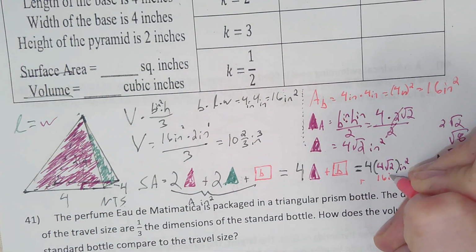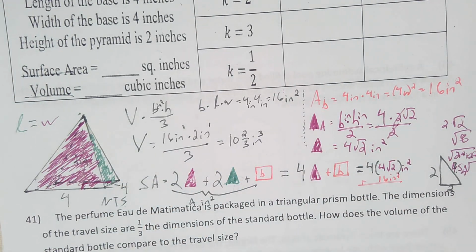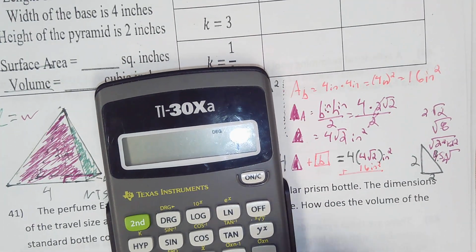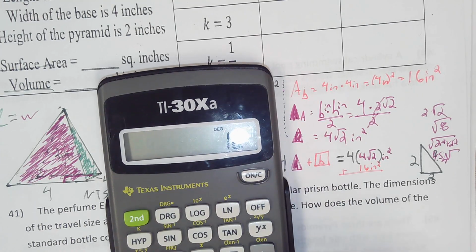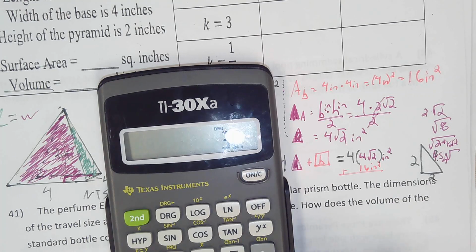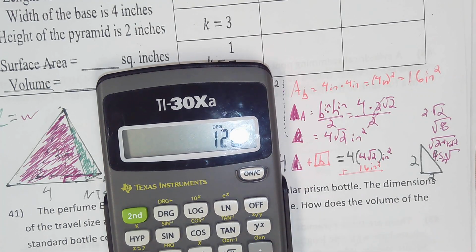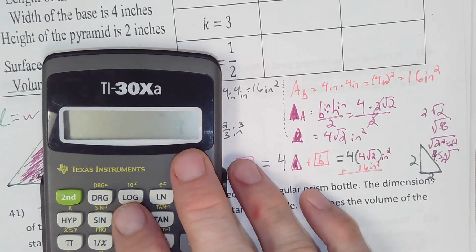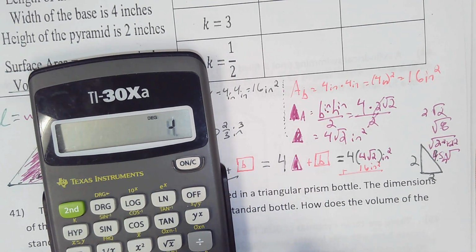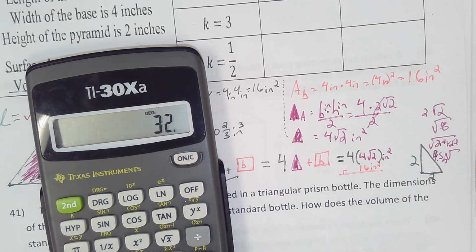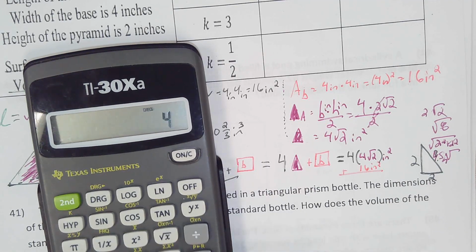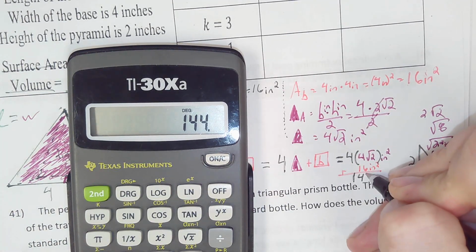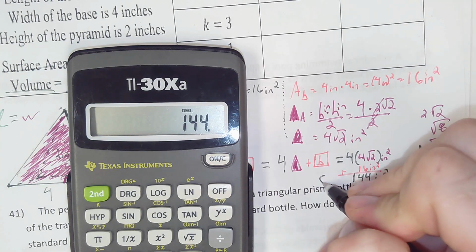Plus 16 inches squared for a grand total of, I guess I'll round it, 4 square root of, let's see, 128 inches squared plus 16 equals 144 inches squared. Let me double check that.